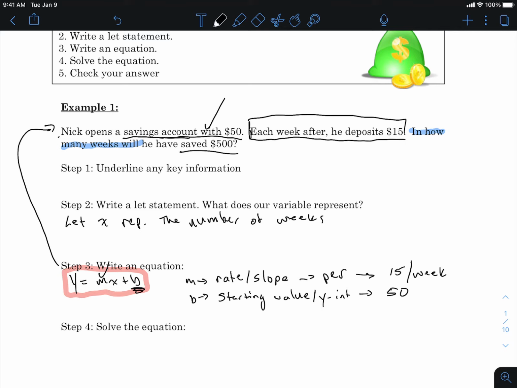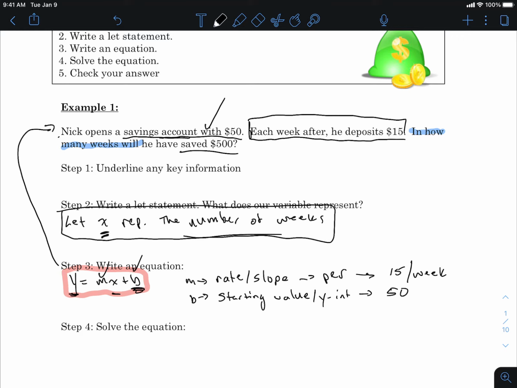Your last part is, okay, I need to figure out either y or x, right? Because now I know b and m. But what I'm trying to find out is how many weeks, which we said was x. So we actually know what x is, we just don't know it numerically, right? Because we said x was the number of weeks.